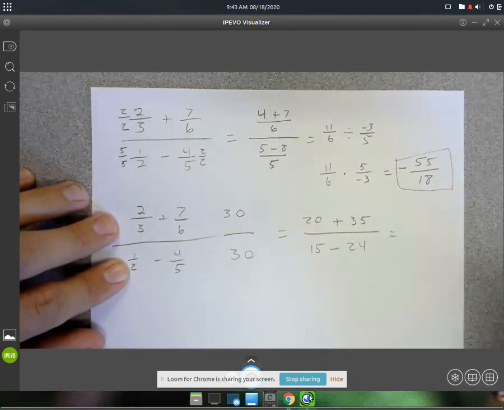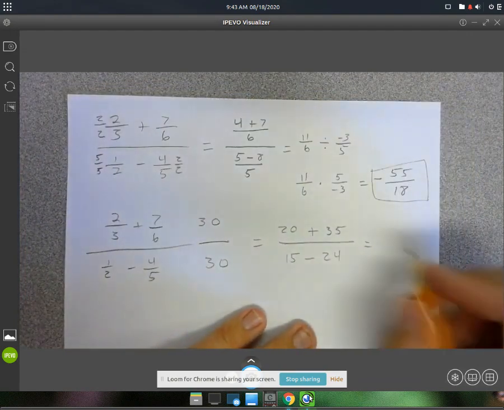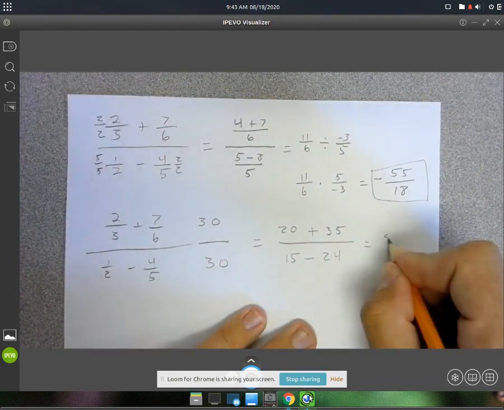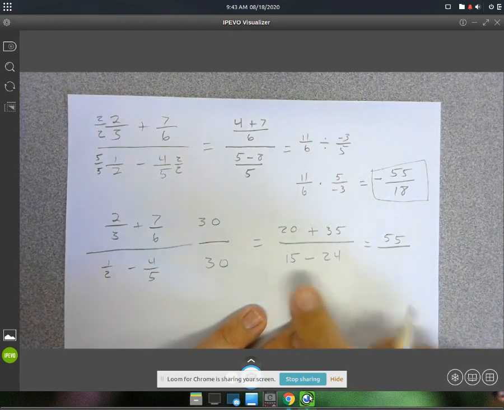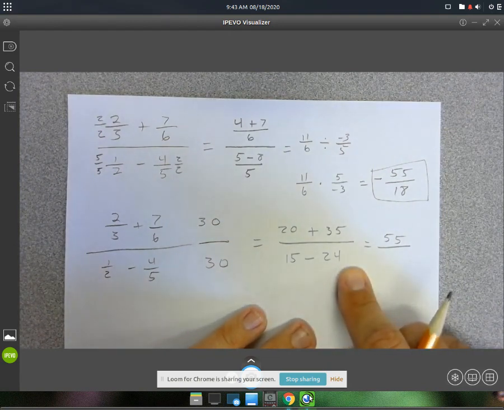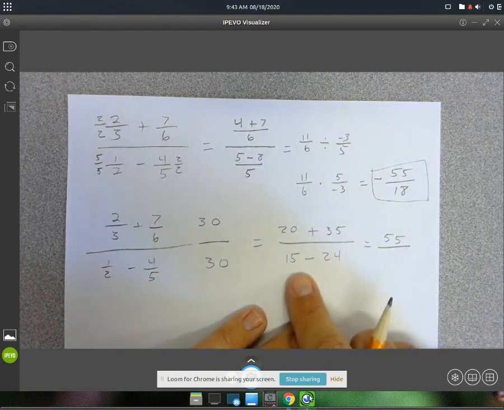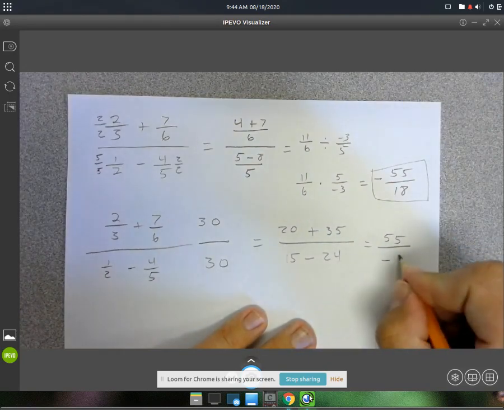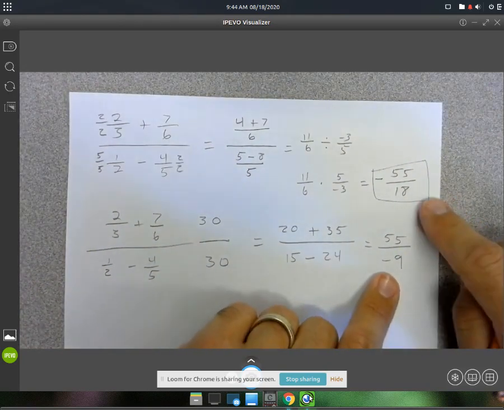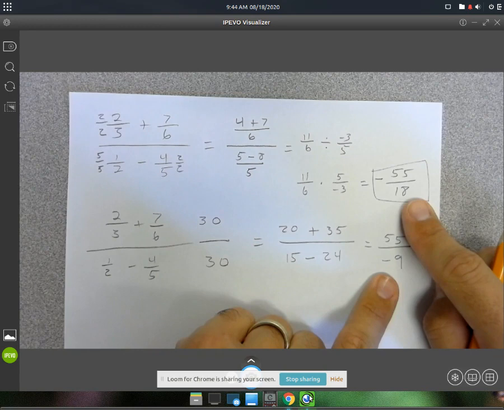Huh. Interesting. Let me see what I get here. 20 plus 35 is 55. 15 minus 24 is going to be negative 9. I'm trying to see something I did wrong here between these two.